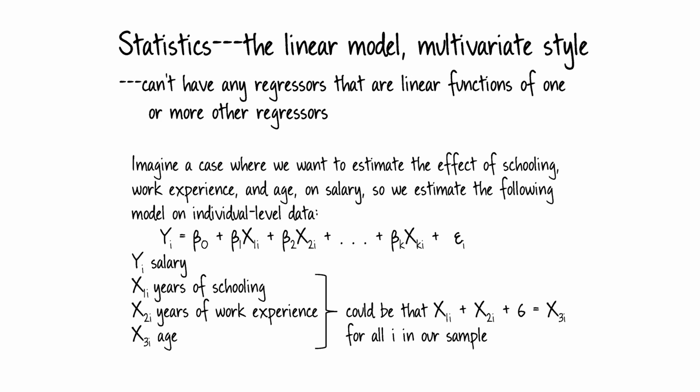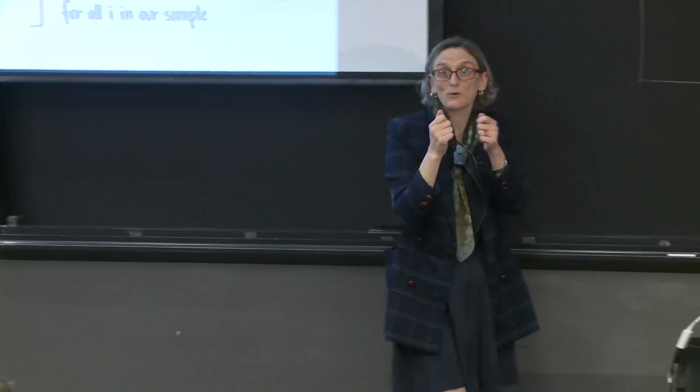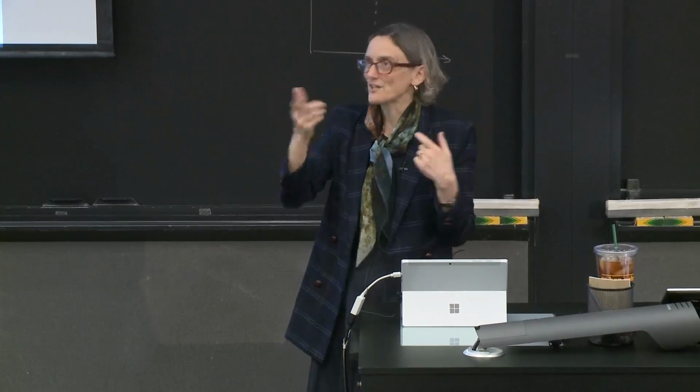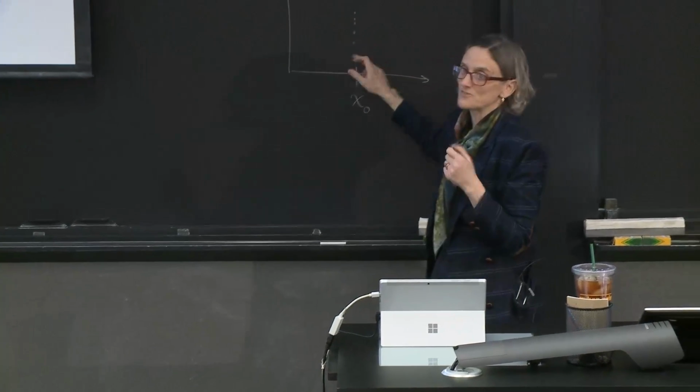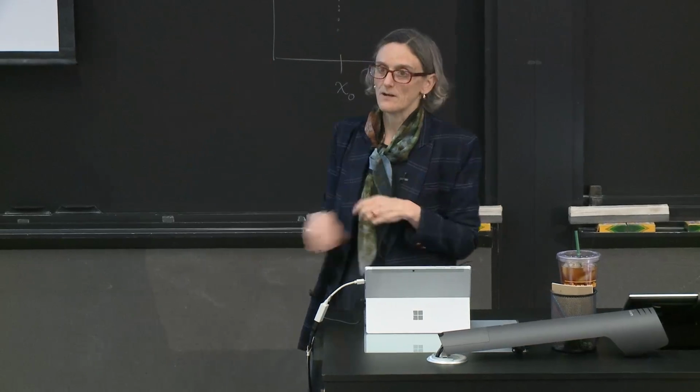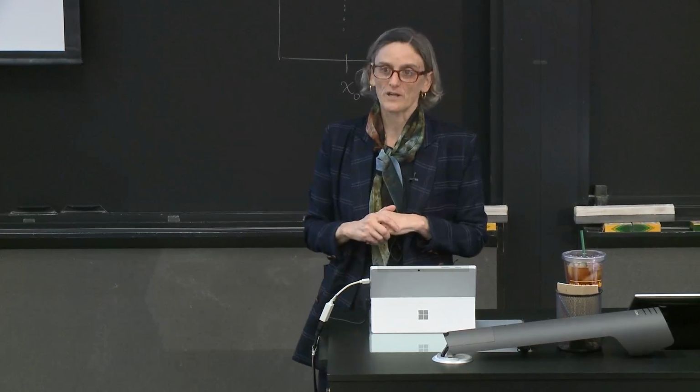We couldn't have a perfect linear relationship between years of schooling. Well, actually, that wouldn't be a perfect linear relationship, that would just be no sample variation in years of schooling. But if some people went to school until age 18 and some until age 20 and some until age 25, then if we dropped age from this regression, we could estimate it.